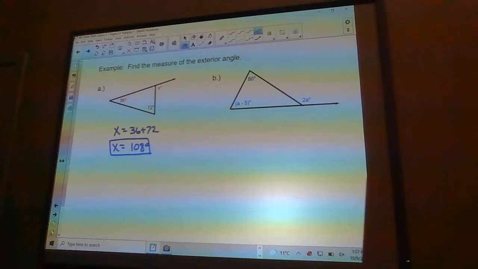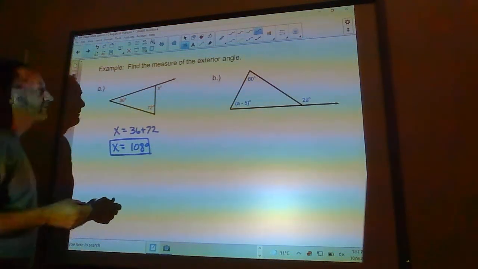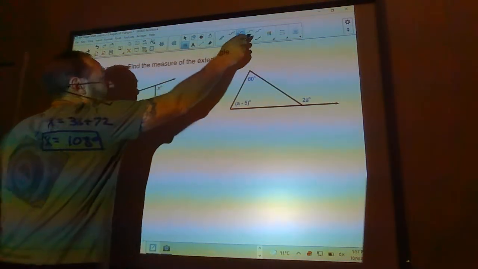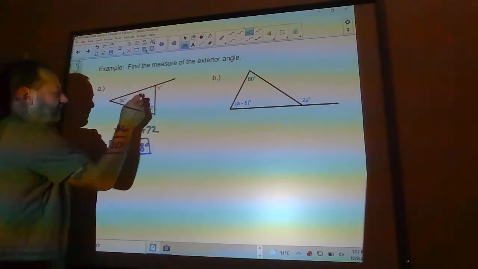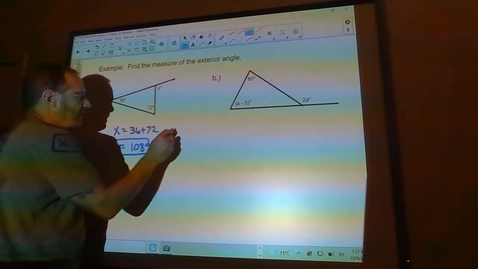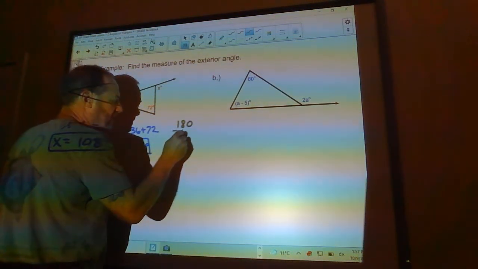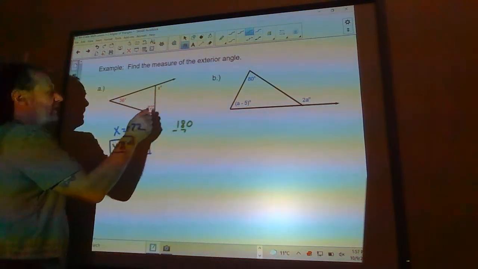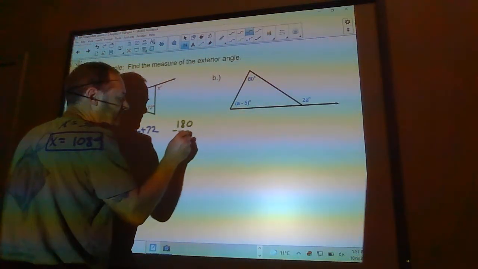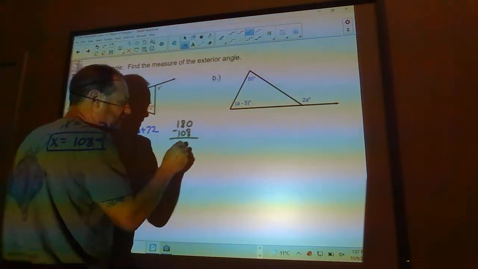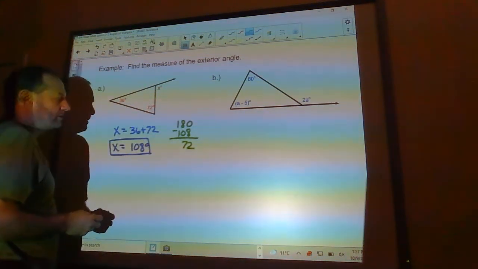Now, could I confirm that? Sure I could. Let's do it a different way. I know that the inside angles add up to 180. These two added together is 108, so if we subtract 108 degrees from 180, that's going to be 72.